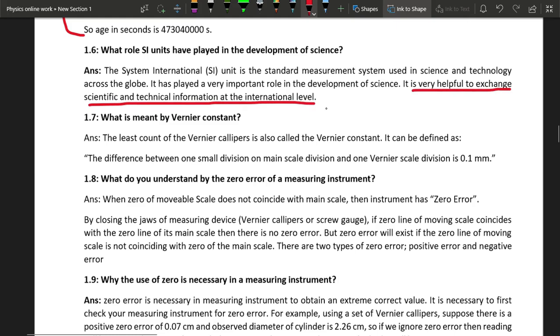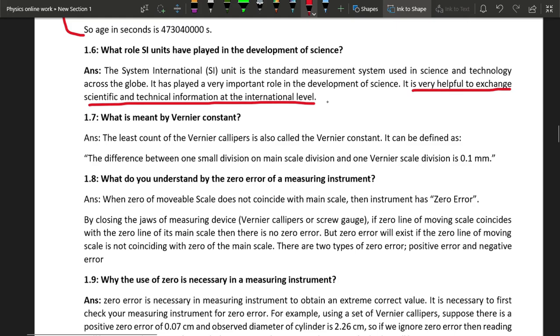For example, if we do not have these SI units, then in one region some physical quantities are measured in different units, and in some other region of the world these quantities are measured in other units. For example, if mass in Britain is measured in pounds and mass in Pakistan is measured in kgs, there is a difference between kg and a pound.